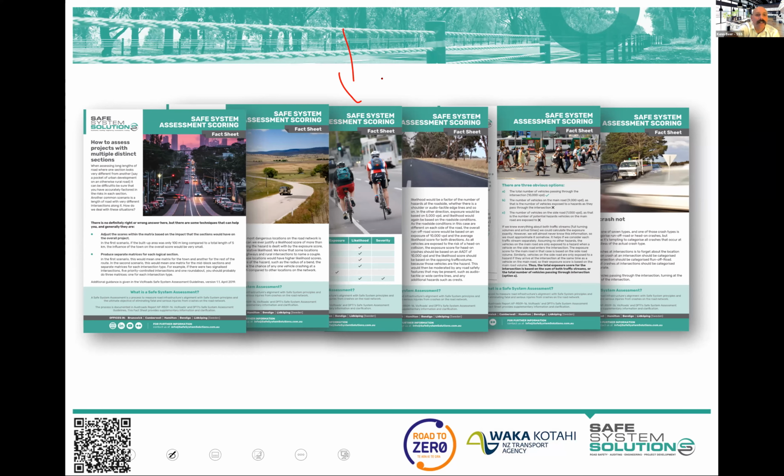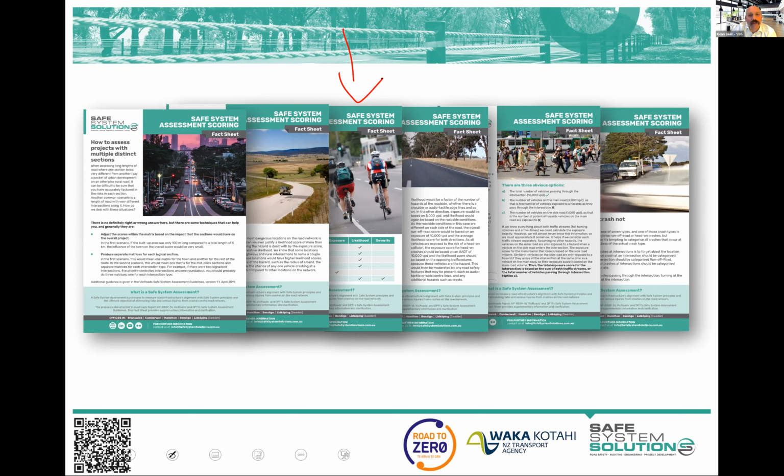This one in here is on the separation of bike lanes from traffic lanes, and when you would categorize that in a likelihood reduction, and when it would be an exposure reduction, and when it might be a severity reduction.